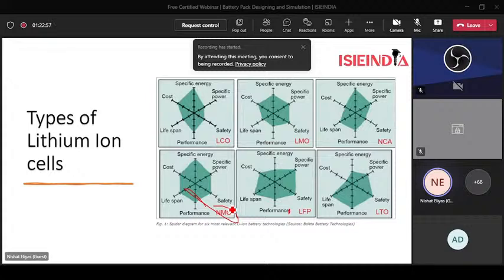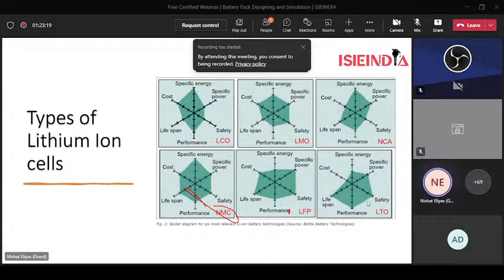So these are some of the advantages. For the time being, researchers have come to the point where, for various parameters, there is only a little difference between the NMC chemistry and the LFP chemistry.